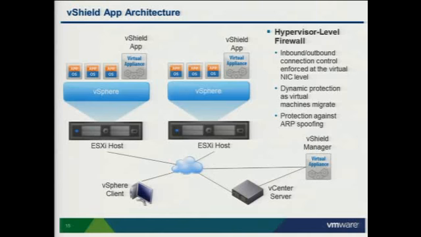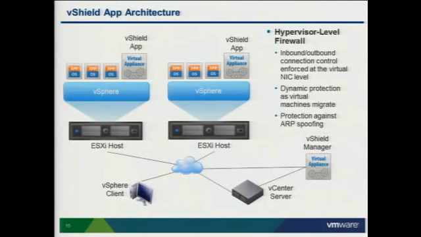It allows me now to put the hypervisor as the firewall layer. It installs as an ESX kernel, so it loads directly with the ESXi kernel, and I can now monitor traffic at that layer.